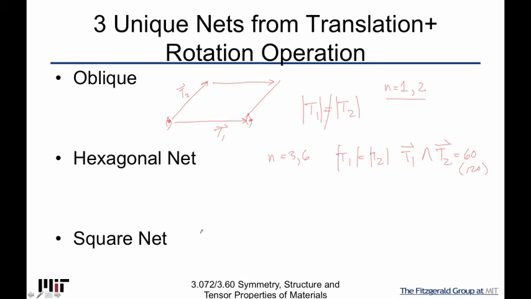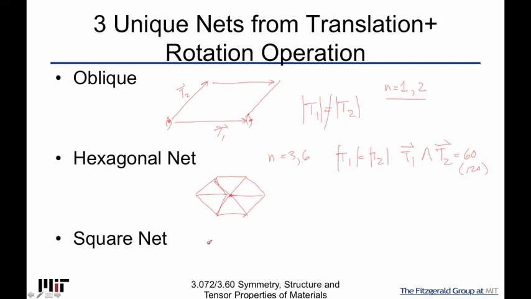Finally, the square net, which I didn't draw, but at the end of the day, it is a hexagon where these are equilateral triangles in here. Oops, I should have drawn that further in. All these are, look at here, equilateral triangles.